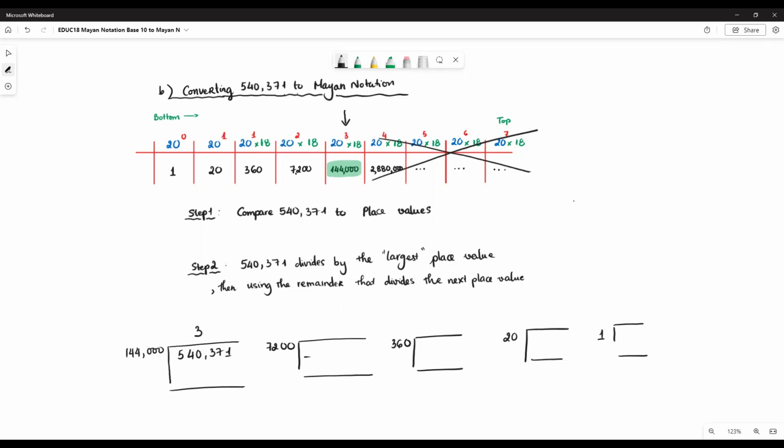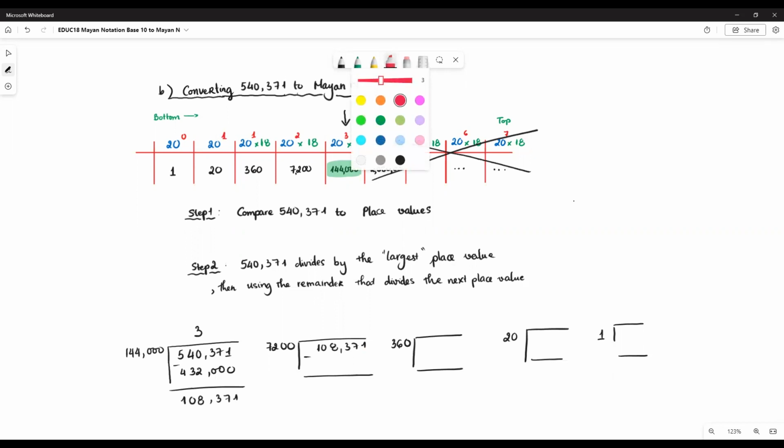And then 3 times 144,000 is 432,000. Big number. And then the remainder in this case is 108,371.